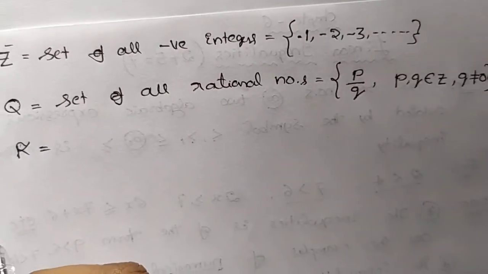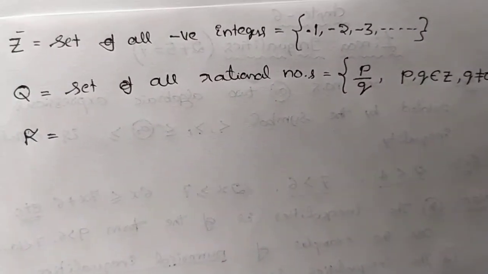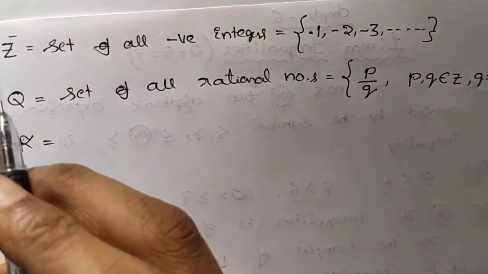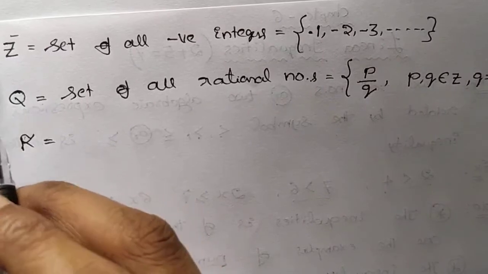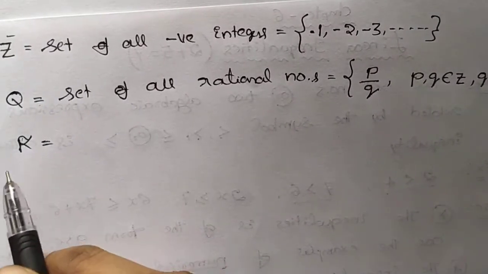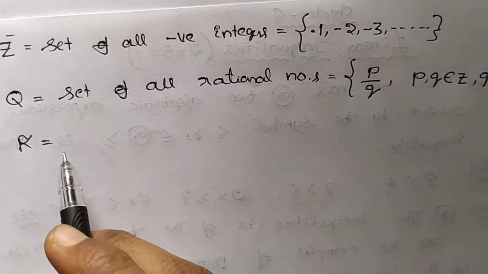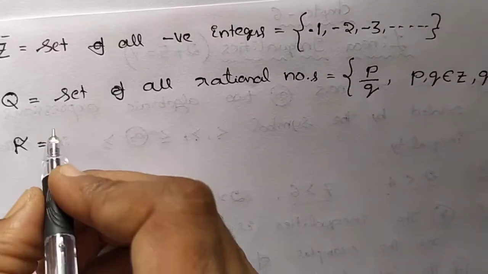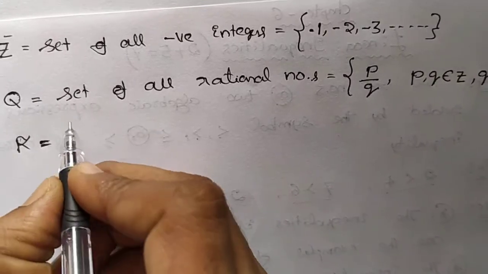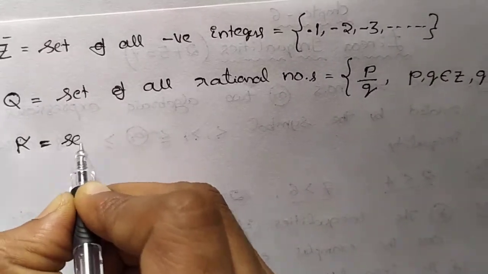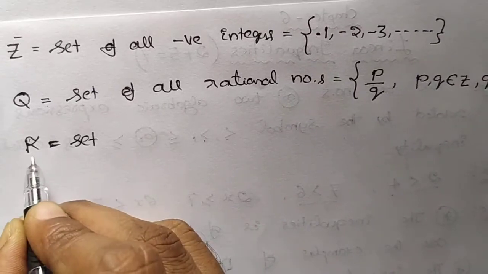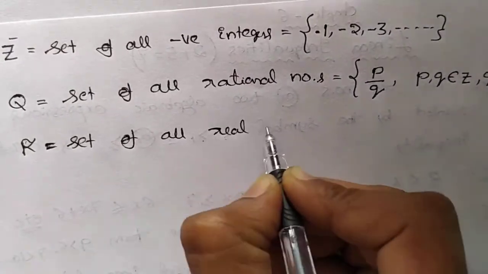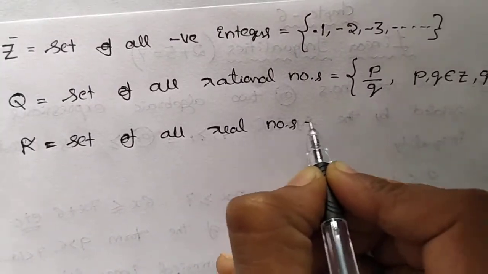Now, what about the real numbers? Real numbers is nothing but all the numbers, which are natural numbers, whole numbers, integers, positive integers, negative integers, rational numbers, even numbers, odd numbers, prime numbers. All the numbers are included in the real numbers, which is denoted by the capital letter R. Set of all real numbers.